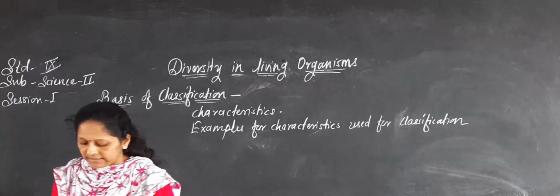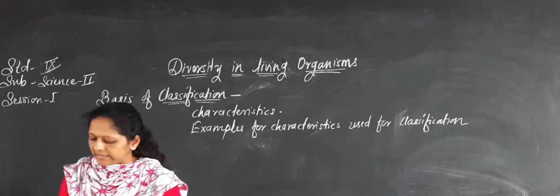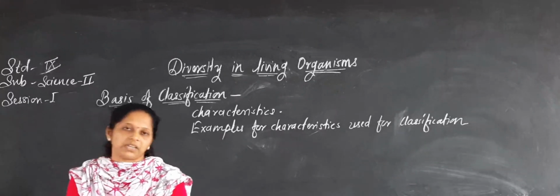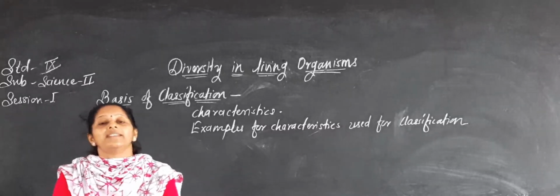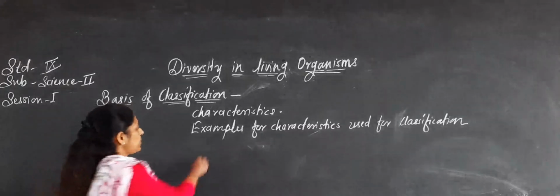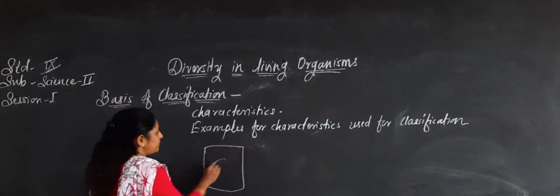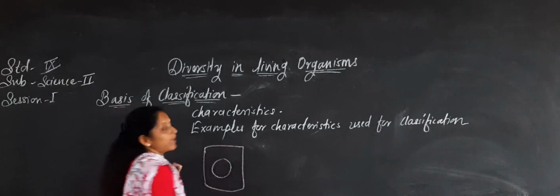That is the basic characteristic. What are some concrete examples of characteristics used in a hierarchy of classification? First of all, we are going to learn about the cell. There are prokaryotic and eukaryotic cells. So if we take a cell, it is either prokaryotic or eukaryotic.